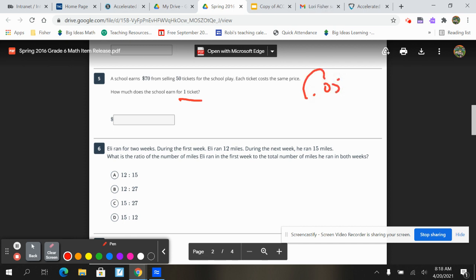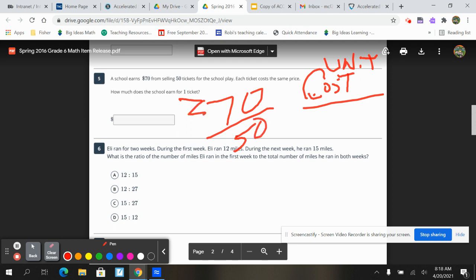Remember that unit cost thing? Remember when we talked about going shopping? Okay, so if you remember that, and this has to deal with money, does money go on the top or the bottom? Who remembers? Money goes on top. Always, always, always. You come out with $1.40.